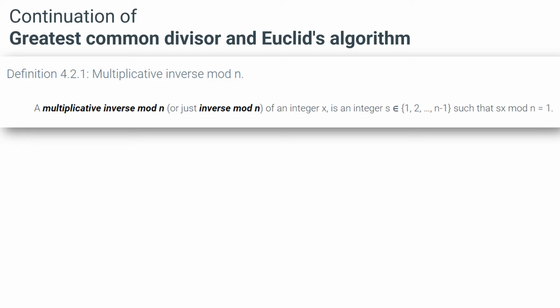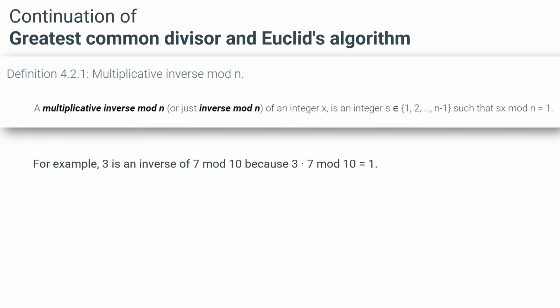A multiplicative inverse mod n, or just inverse mod n, of an integer x is an integer s such that s times x mod n will equal 1. So the product is going to equal 1 after we take mod n of that product.